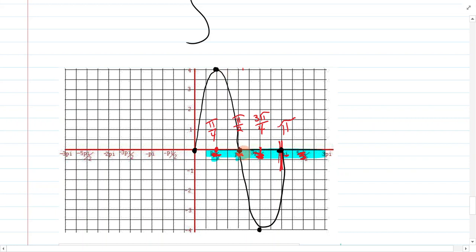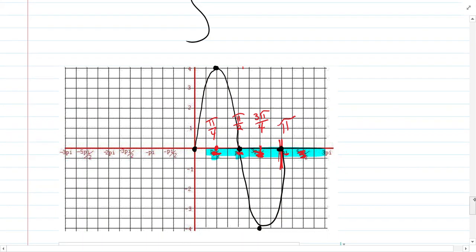At pi over 2, we're back at 0. At 3 pi over 4, we're down at -4, and at pi, we're back at 0. You connect those dots, and we have a period of this particular sine function.